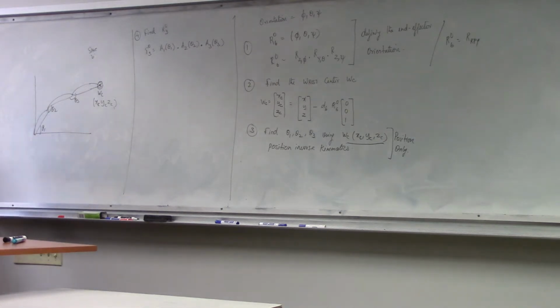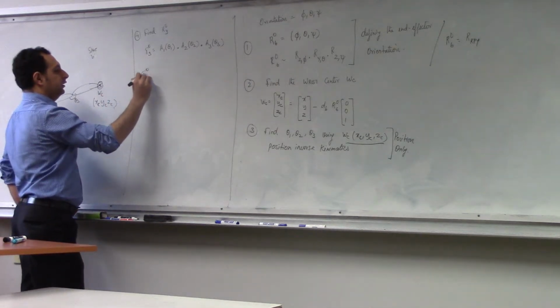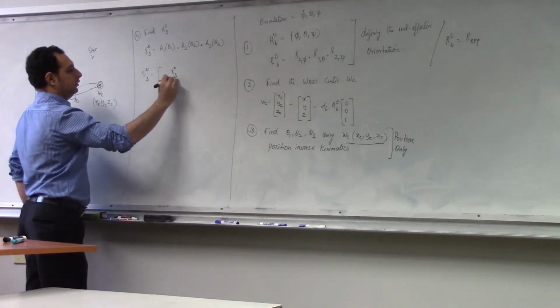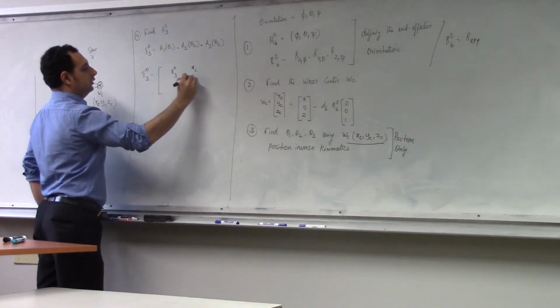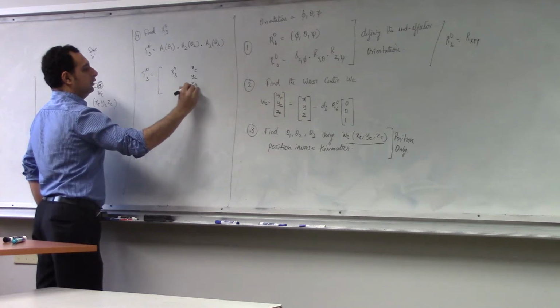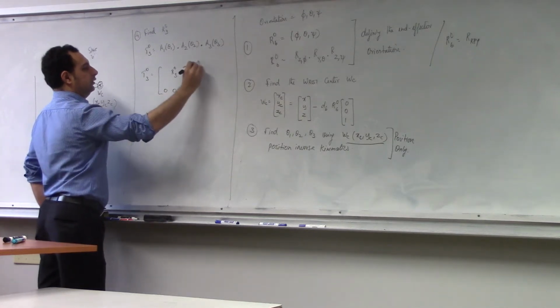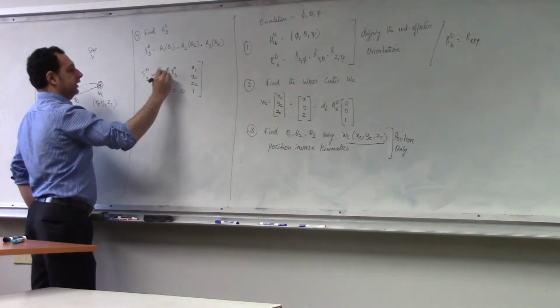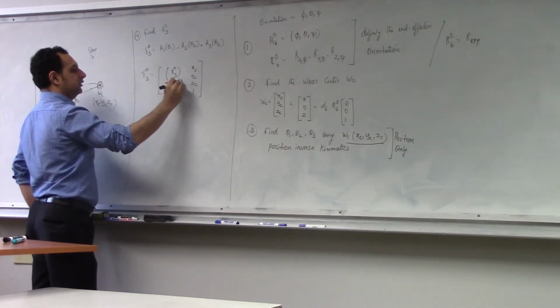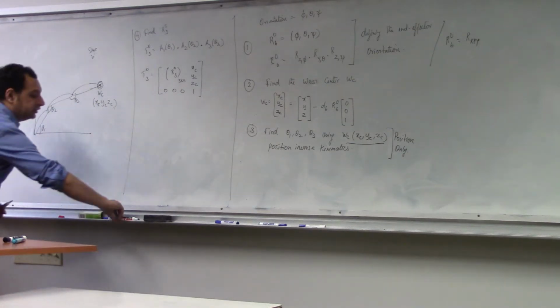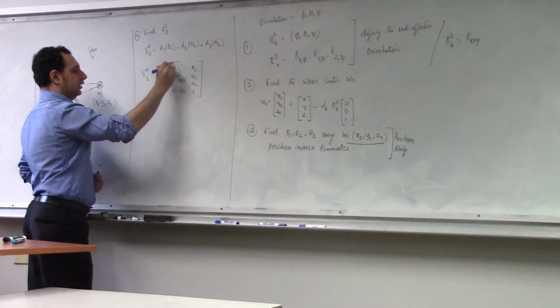So T03 will be equal to this. This will be a 3 by 3 matrix, and this is the position, and you'll get this. So this is what we need. We need R03.